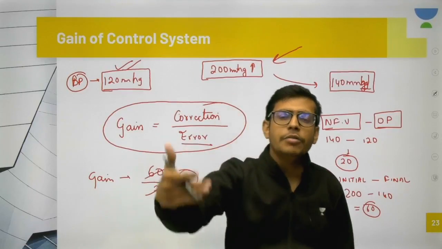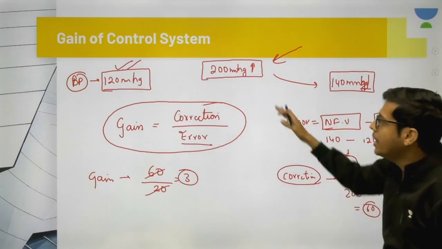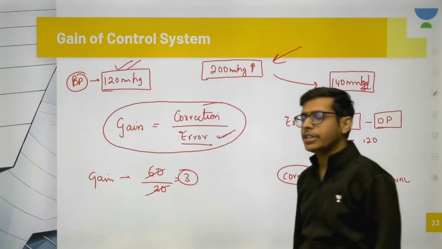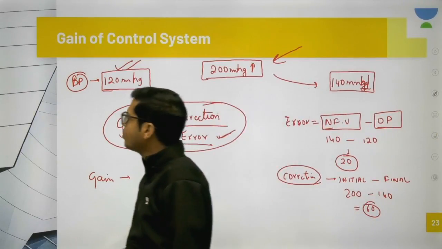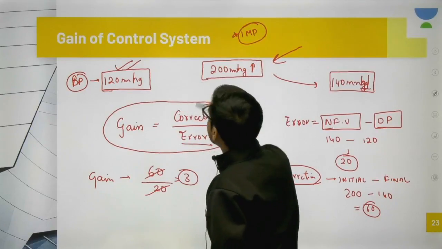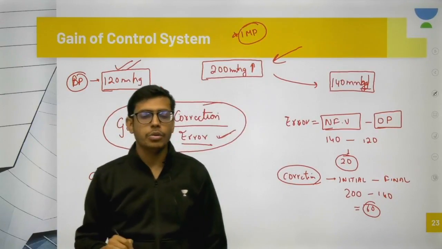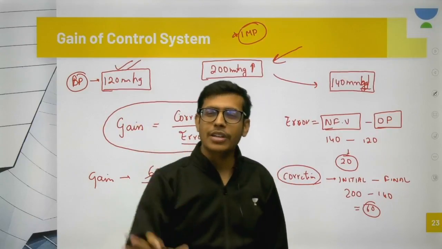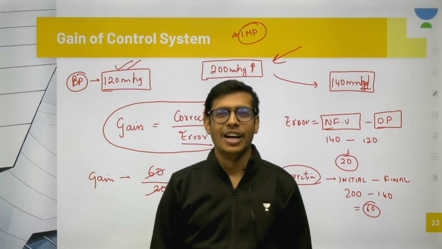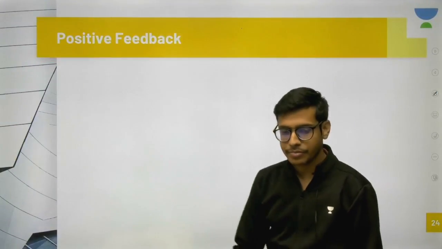And eventually it will get back to its normal level, but then there is an error. There is always an error. And this is how we measure the gain of a control system. This is important for your NEET. You can get questions on the gain of the control system. This is the part that will come in your NEET. Apart from it, I don't think any question would come from introduction to physiology, right?